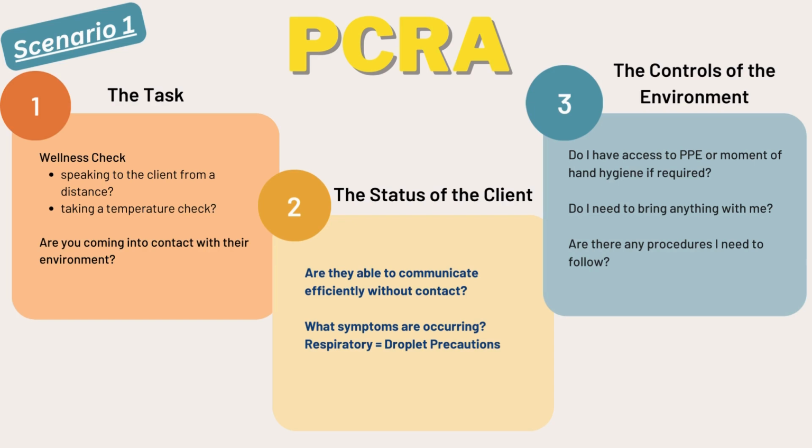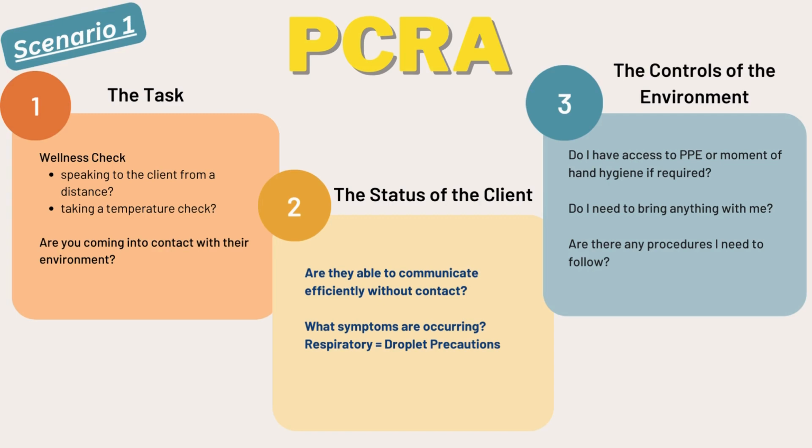The third is the environment. So if you're responding and completing the wellness check from the door, there are no environmental controls you really need to consider. But if that wellness check requires you to get a temperature or do a further assessment with the client, having that close contact with them or entering the room, then you have to consider that environment you're going into.